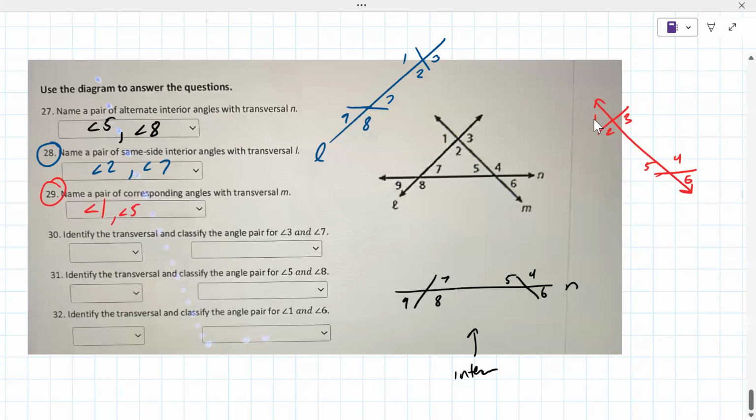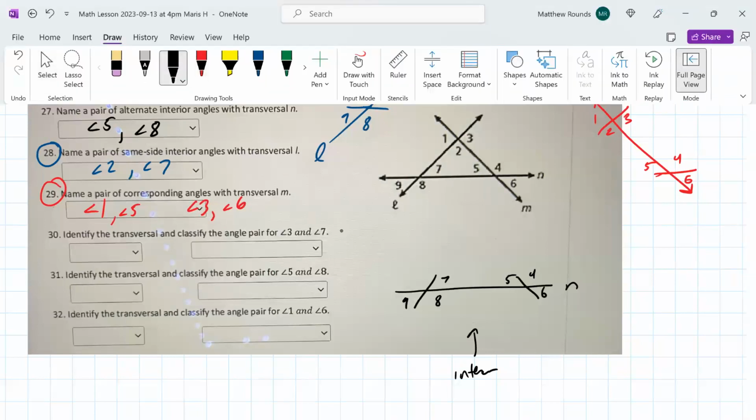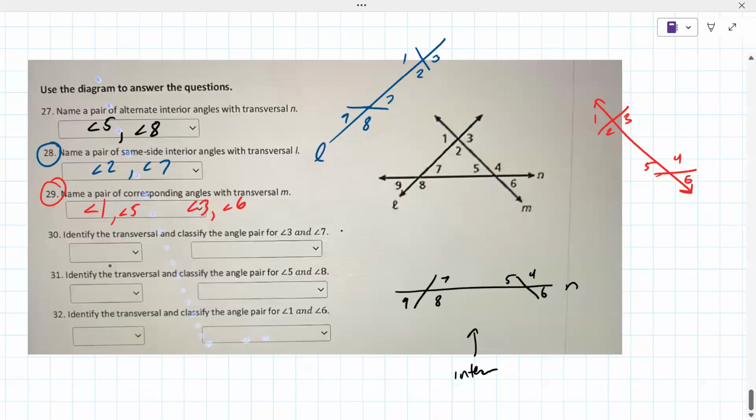You can kind of call them top left. And then angle 3 and angle 6 are corresponding. They're bottom right, bottom right. Okay, now the next ones are just kind of going backwards with those.